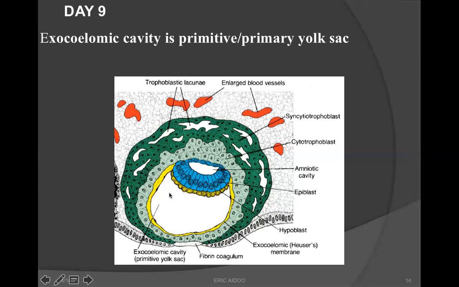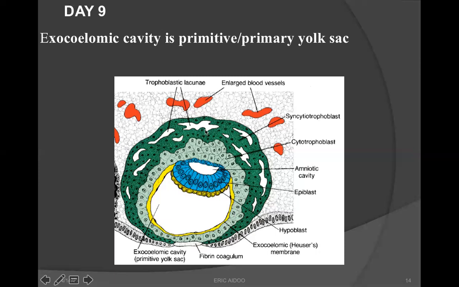So eventually, you are going to have yellow, light green, and deep green. The yellow is the exocoelomic membrane. The light green is the cytotrophoblast, and the deep green is the syncytial trophoblast.